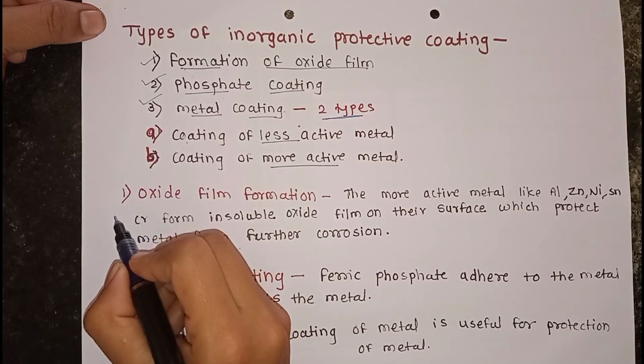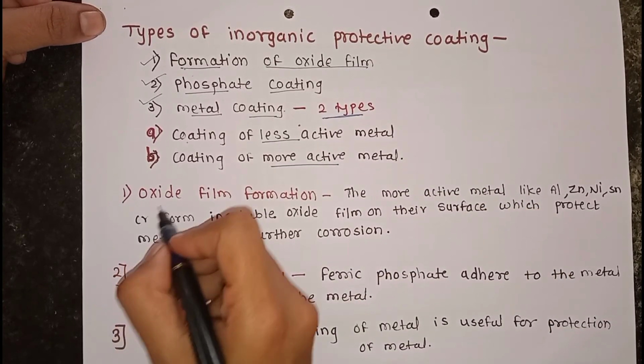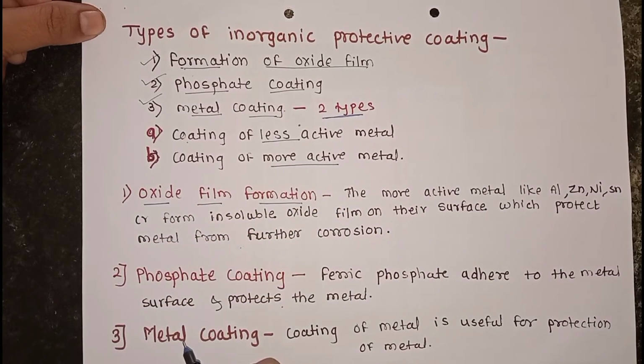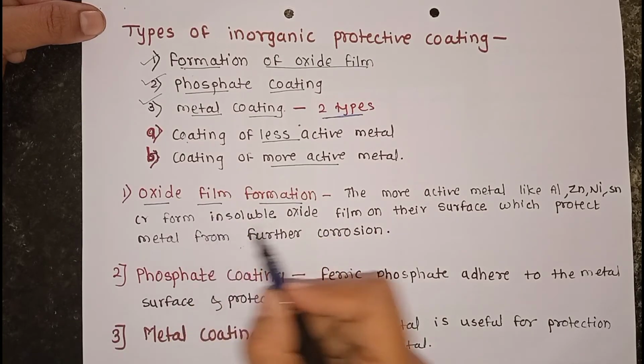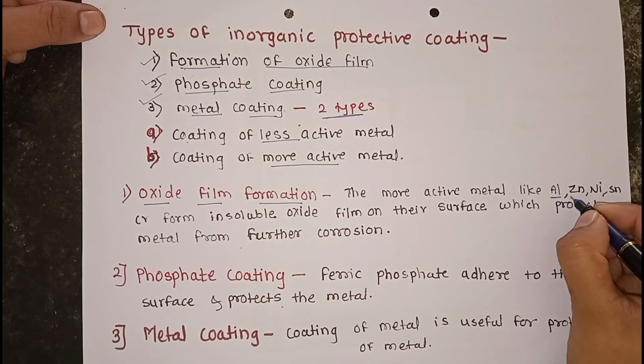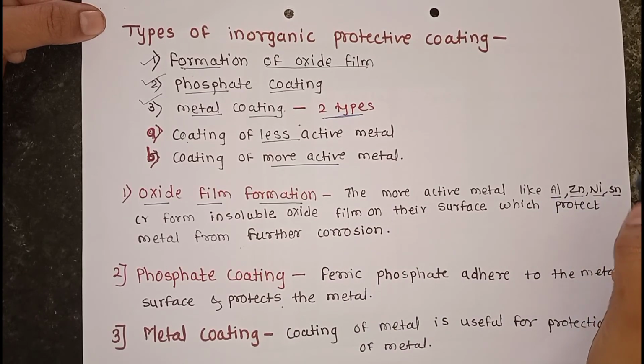Okay, so the first type of inorganic protective coating is oxide film formation. In this type, the more active metals, which we already discussed, are aluminum, zinc, nickel, tin, and chromium.